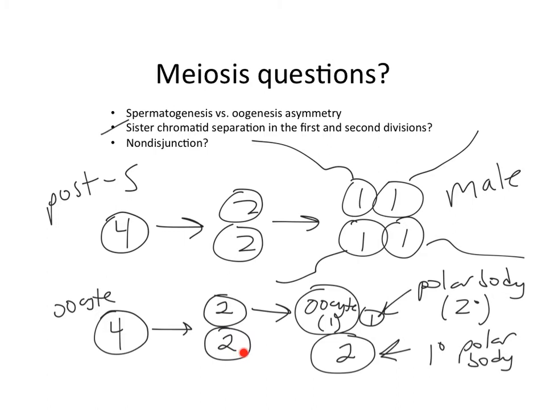The other polar body, the primary polar body, is diploid at that point. So through the process of meiosis, you get the oocyte haploid. Secondary polar body will be haploid. And there's a point at which you can grab the primary polar body and it's diploid. Like I drew it up here. It's got 2 copies of every chromosome.